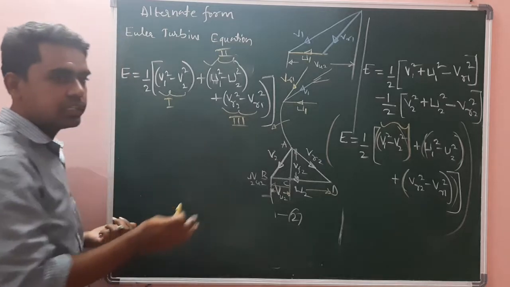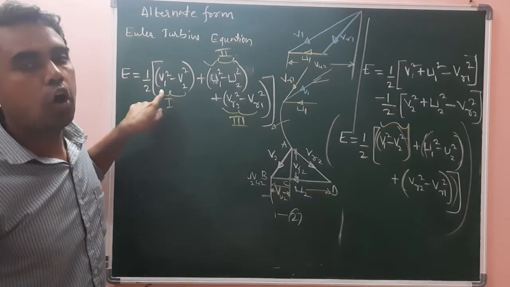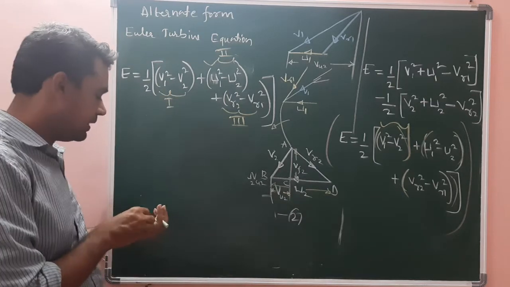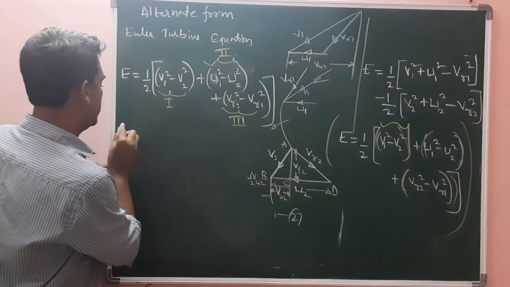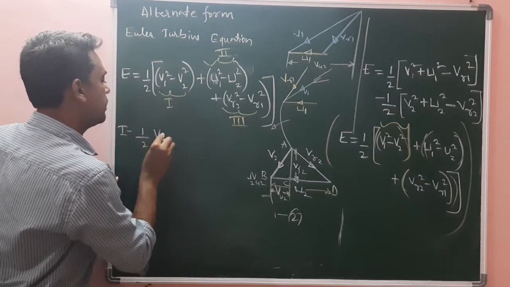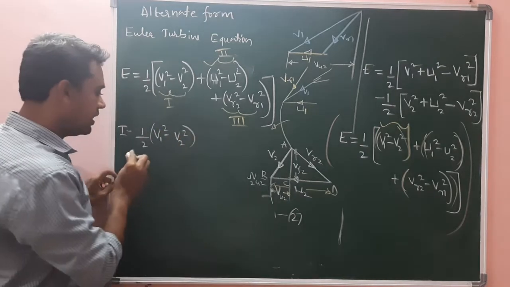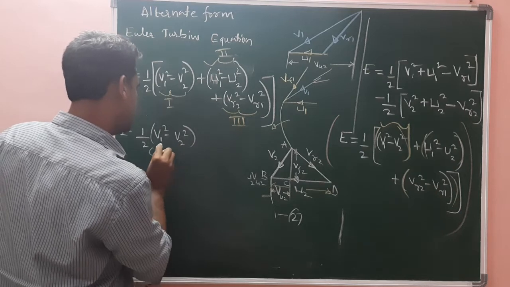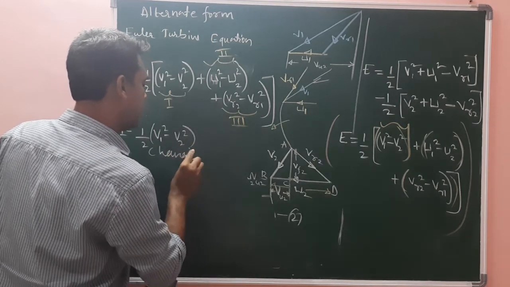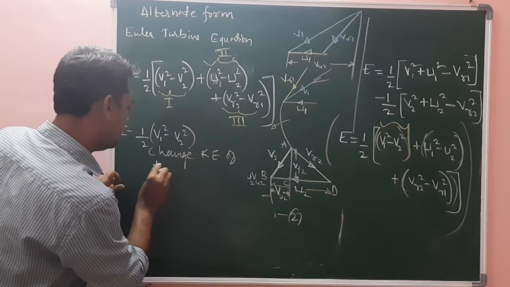The first term represents change in the kinetic energy of the fluid, or change in the absolute velocity of the fluid. I will write the first term, 1/2 (V1² − V2²). This represents change in the kinetic energy of the fluid.